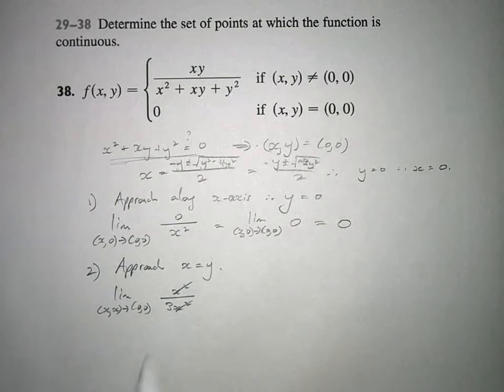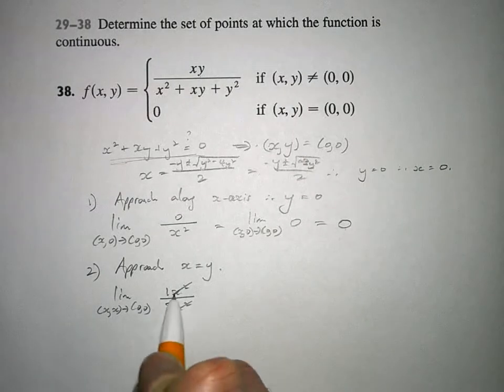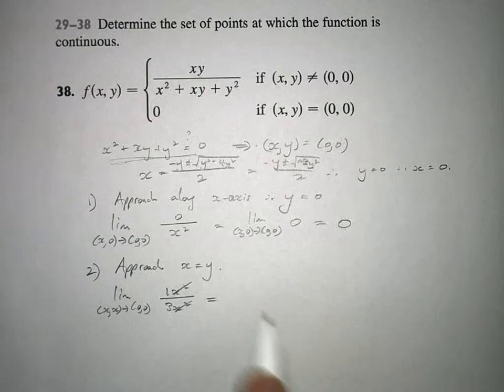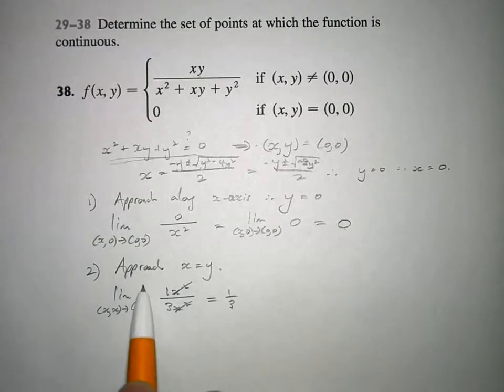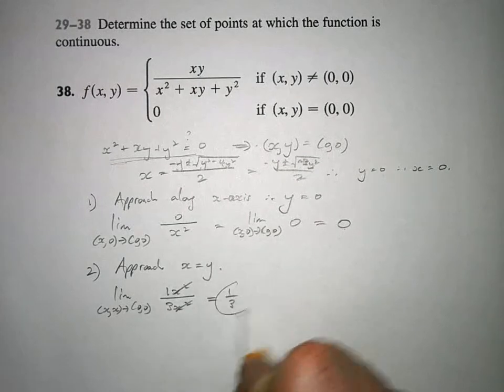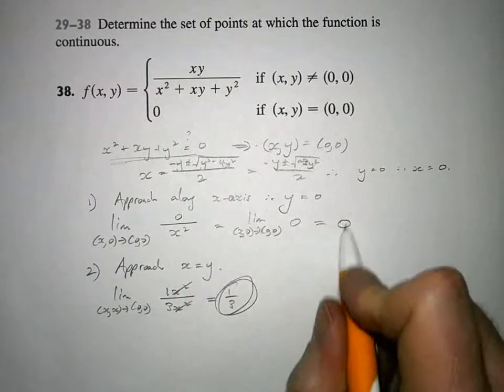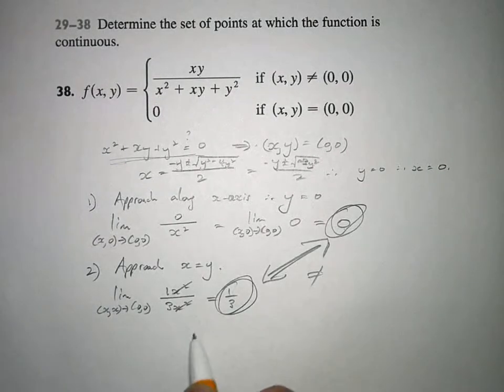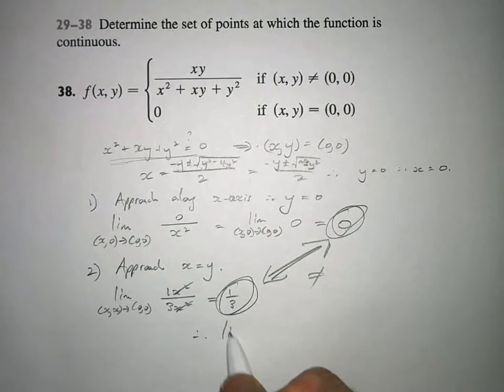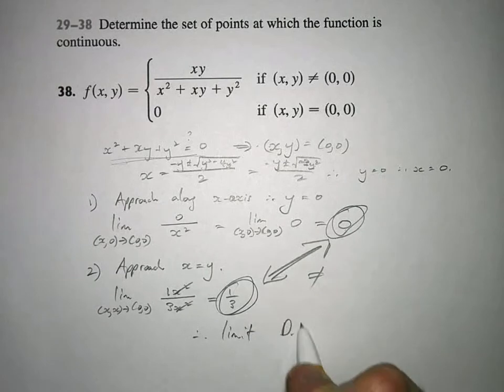We can cancel the x squareds because they're non-zero, because we're not at the limit point, we're just approaching it. And the limit of a constant function is simply that constant, so that's equal to a third. So, as we approach along the line x is equal to y, we get a third. As we approach along the x-axis, we get 0. These are different values. They're not equal, therefore this limit doesn't exist.